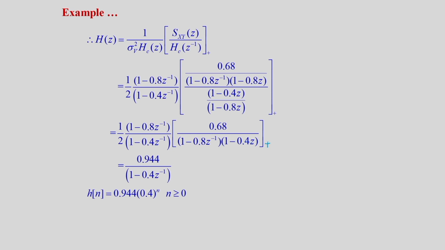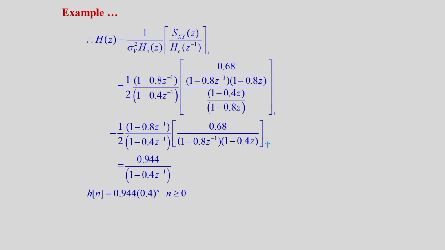If we have the partial expansion and take the part containing 1 minus 0.8 Z inverse as the denominator, that part will be the positive part of the Z transform, because that part only will contain the non-positive powers of Z. Therefore, we will take that part and then simplify with this.